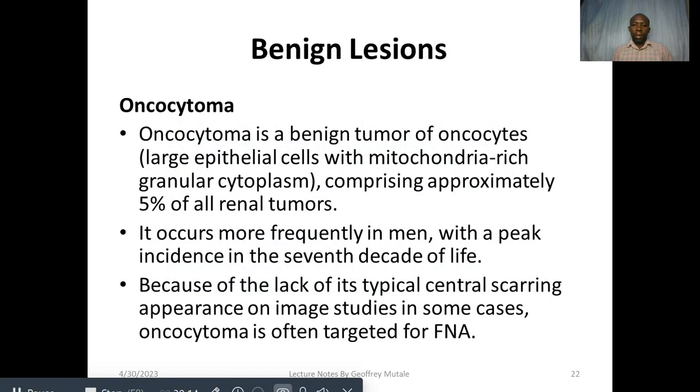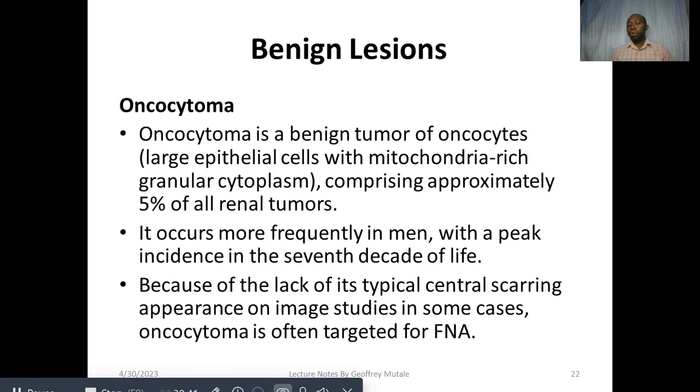So we look at benign lesions, and one of the benign lesions we are going to talk about here is what we call the oncocytoma. The oncocytoma is a benign tumor of oncocytes, which are large epithelial cells with mitochondria-rich granular cytoplasm, comprising approximately 5% of all renal tumors.